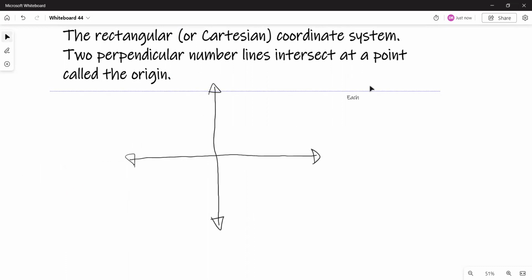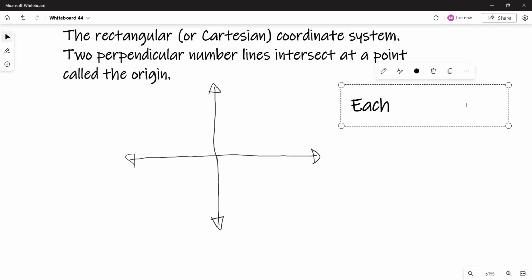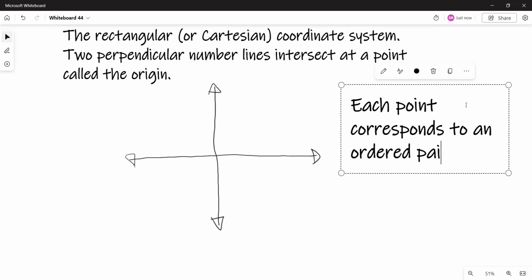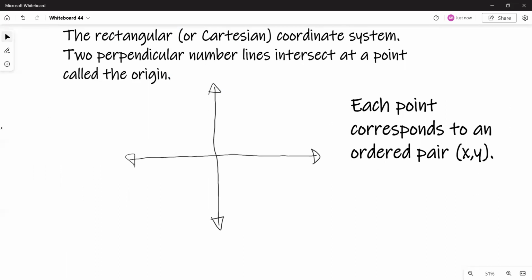Usually the horizontal axis is going to represent the set of X values, and the vertical axis will represent the set of Y values. And the point 0, 0 represents the origin.